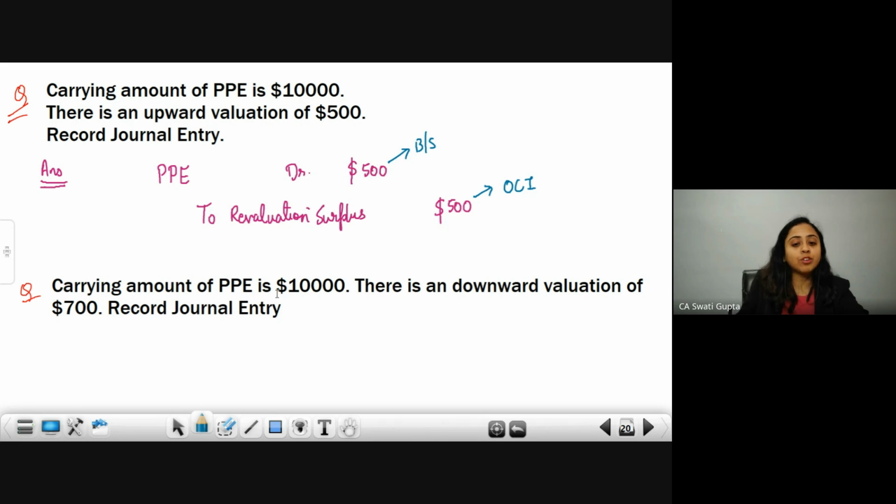If the carrying amount of PPE is $10,000, now, for example, there has been a downward valuation of $700. Record the journal entry.